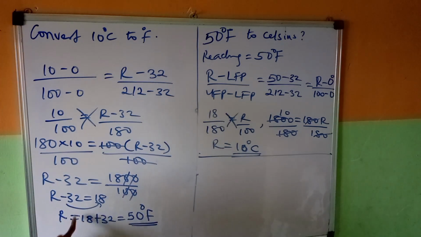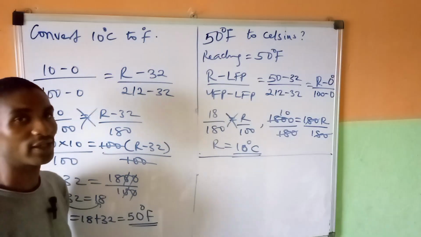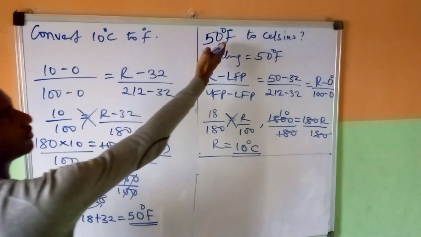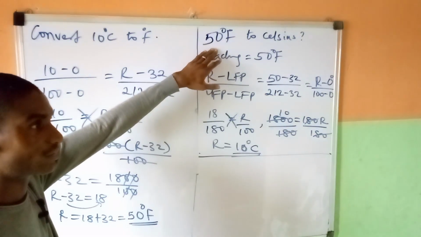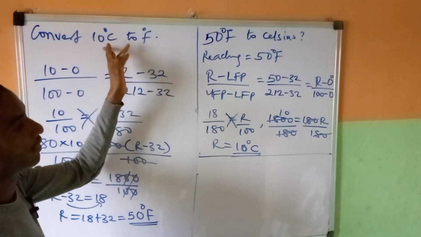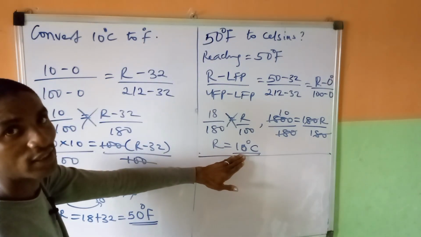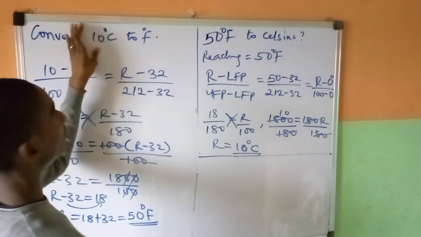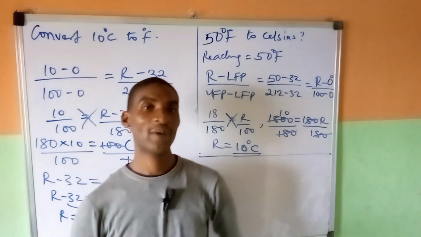So my R is going to be 18 plus 32, and that is 50 degrees Fahrenheit. Can you see, I've gotten exactly the same thing, 50 degrees Fahrenheit. Converting to Celsius is 10 degrees Celsius, and vice versa. 50 degrees Fahrenheit gives me 10 degrees Celsius, and 10 degrees Celsius gives me 50 degrees Fahrenheit.